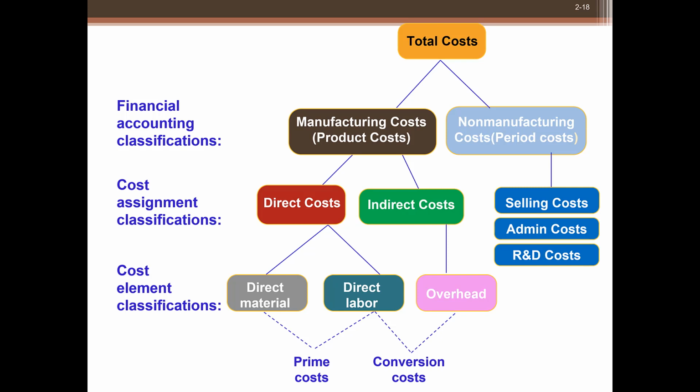Indirect costs are all other manufacturing costs. The sum of direct material and direct labor is prime cost. The sum of direct labor and manufacturing overhead is conversion cost. Non-manufacturing costs, or period costs, include selling cost, administrative cost, and also research and development cost, R&D cost.